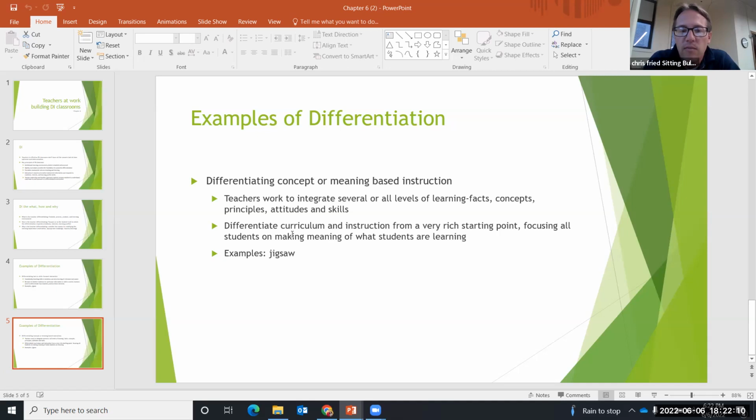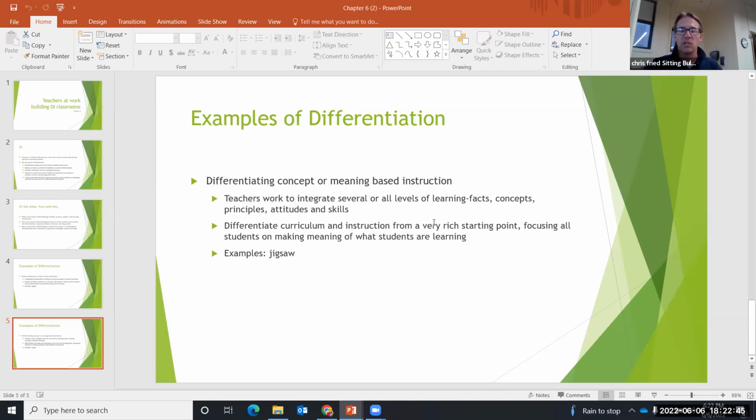Another way to do this is the jigsaw piece, focusing all students on making meaning of what they are learning, and having a very rich starting point, meaning there's a lot of information that you might need to cover, share and learn. If you spread that out amongst the students, the groups, then they can work together to help each other understand it.